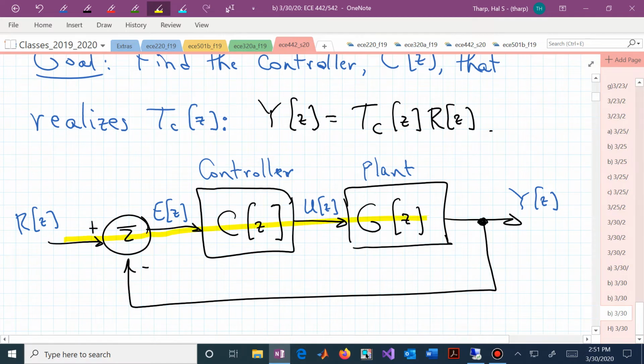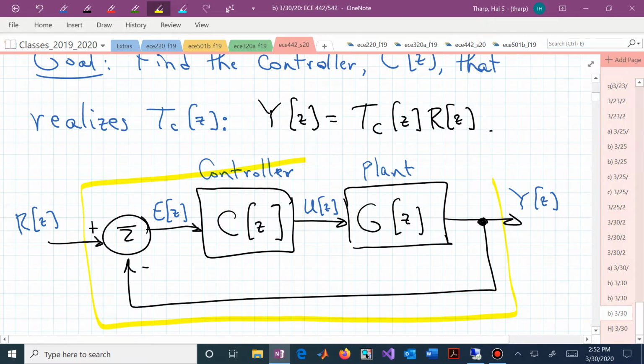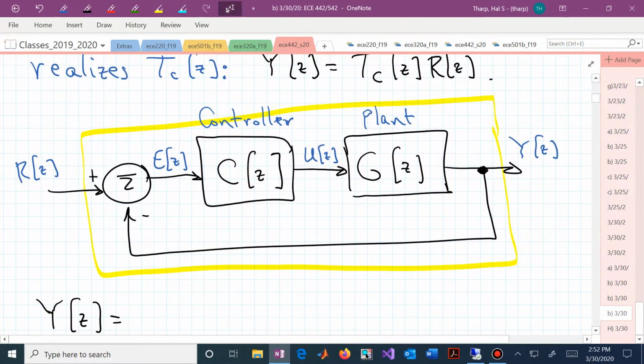Now this big block between the reference input r and the output y, we want this controller to be such that what's in the blue highlight is what we want our closed loop transfer function to equal. We want that to be our closed loop transfer function, t sub c of z. That's what we desire.